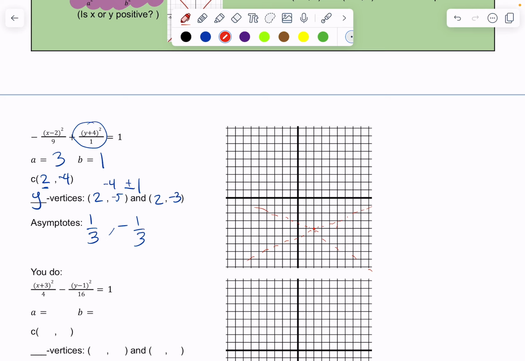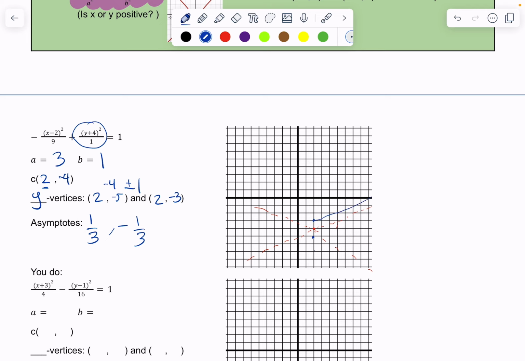And because I know it's going to be my y vertex, that goes up and down. So going up and down, I have this at 2, negative 5 right here, and 2, negative 3 right here.